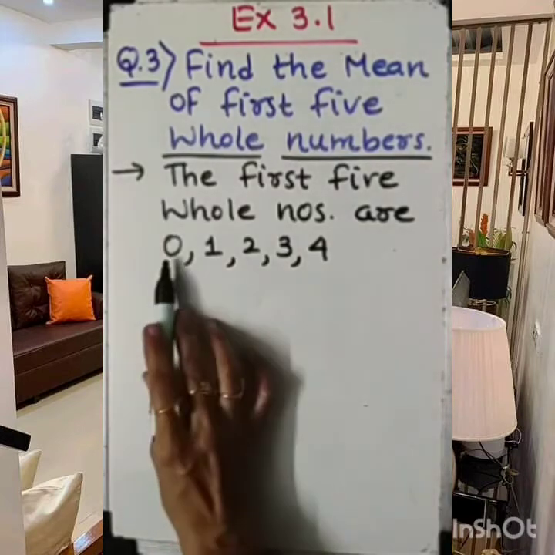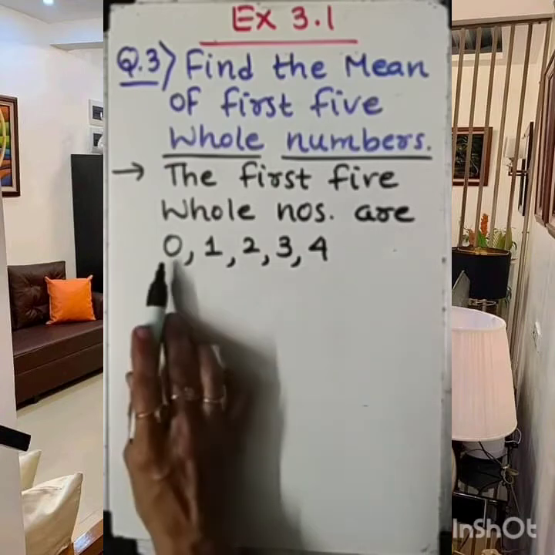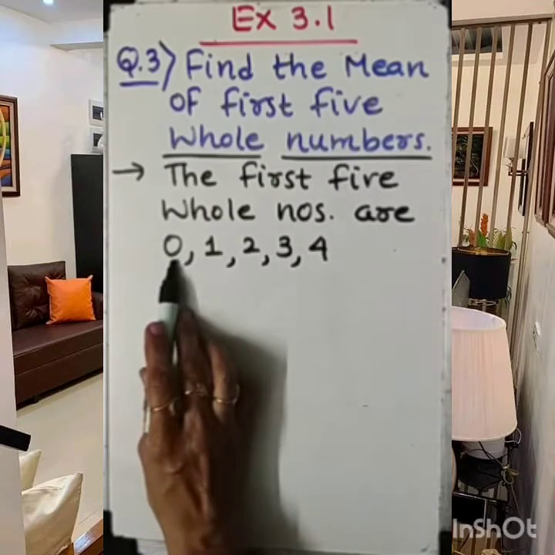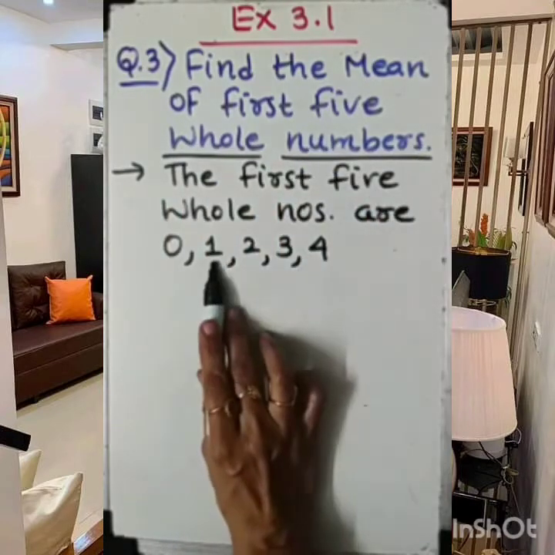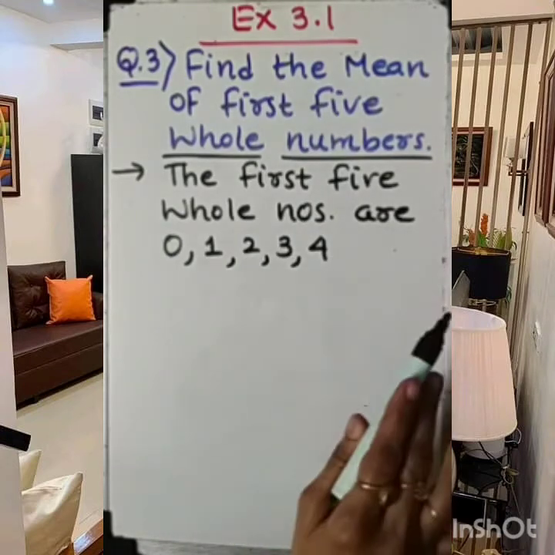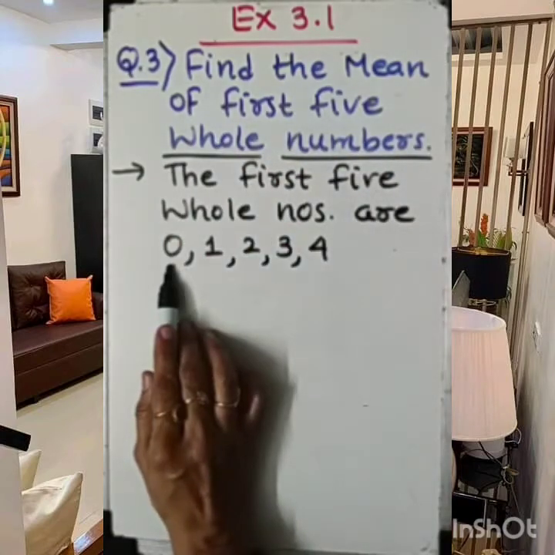These are 1, 2, 3, 4, 5 whole numbers. Okay, as whole number begin with 0, so you need to start with 0. If we are asked natural numbers, then we have to start with 1. Then we need to proceed for 1, 2, 3, 4 and 5 also at that time. But here whole numbers, so it begins with 0.